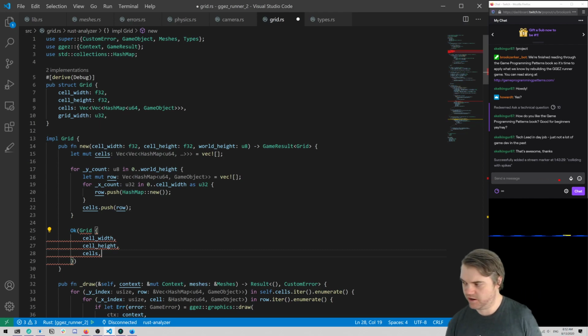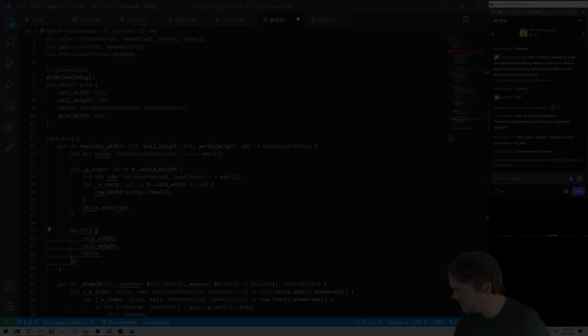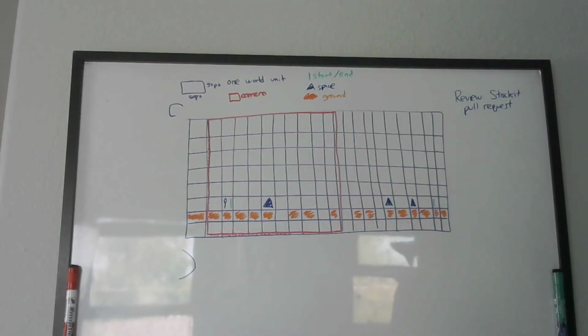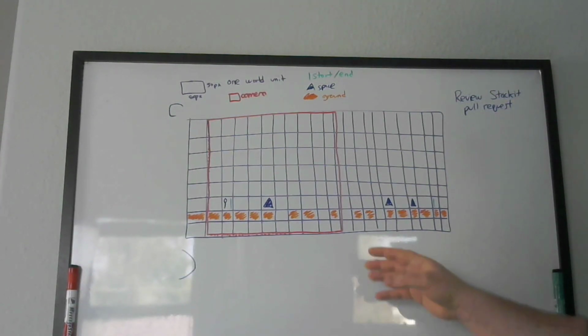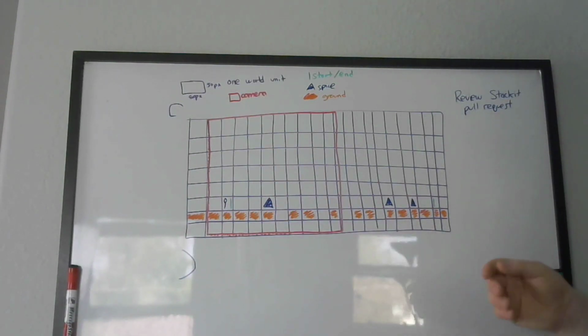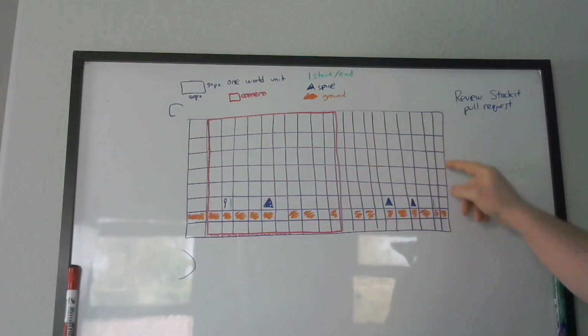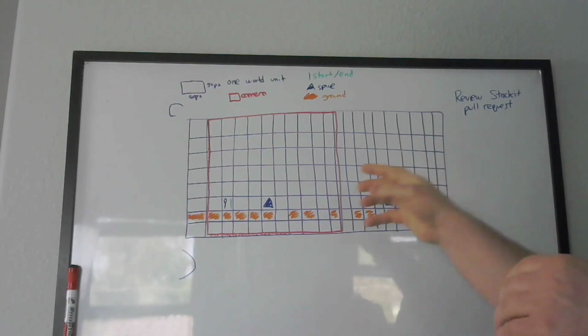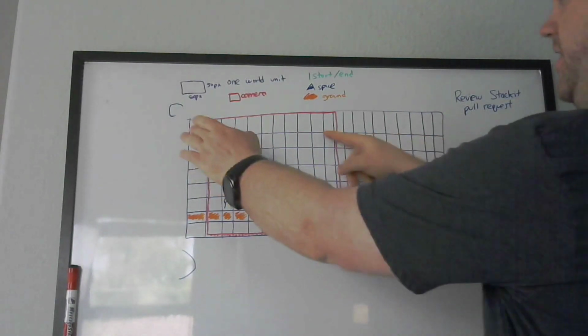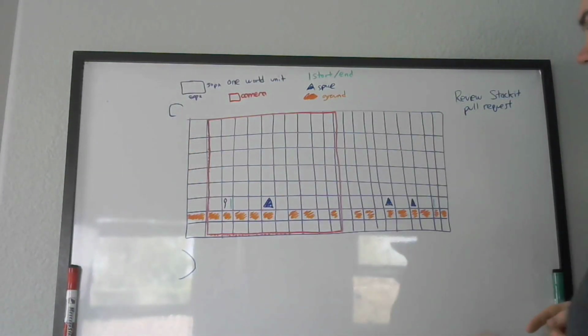Let's go back to our whiteboard and figure out this math. So we have each of these cells as we're creating. What I want to do is, if the level is this long, like there's that many elements in the level, I want to create this many cells in the row.